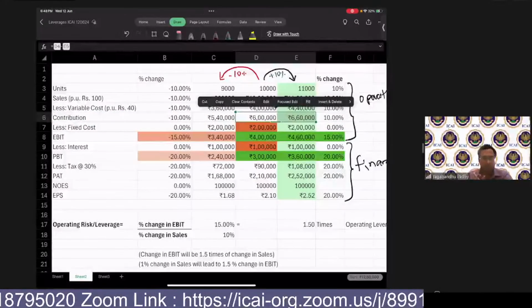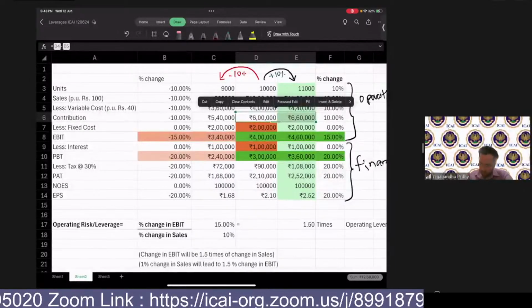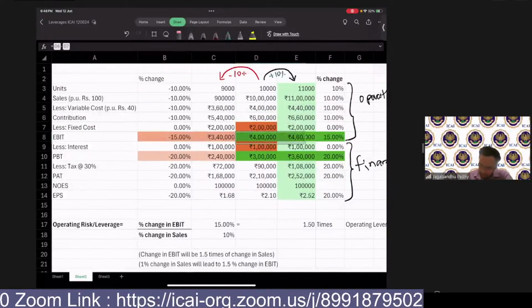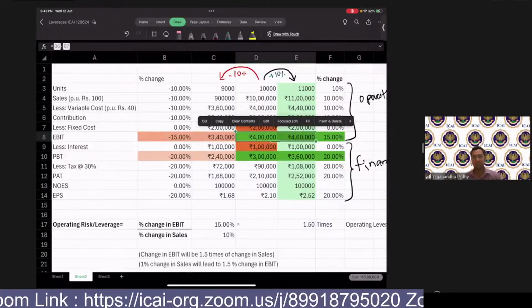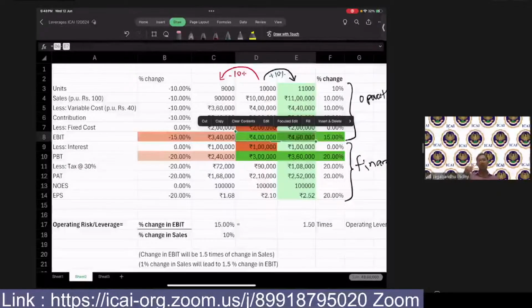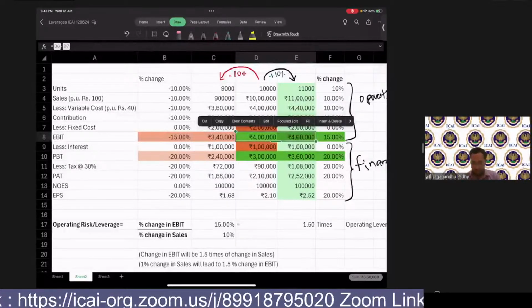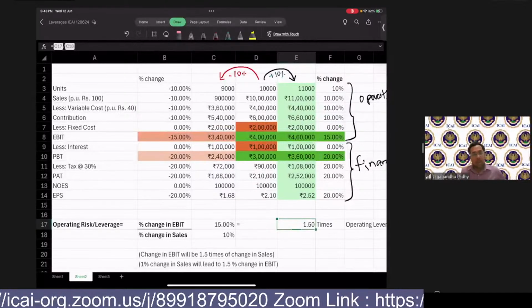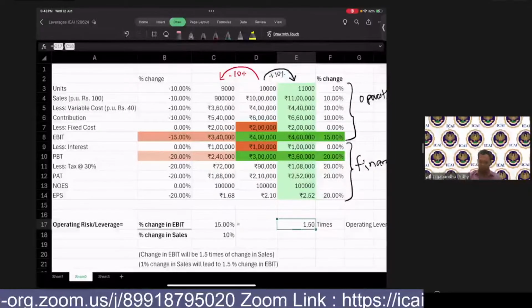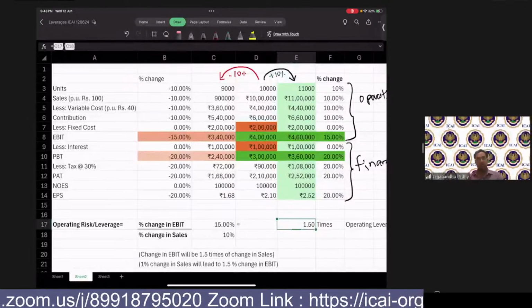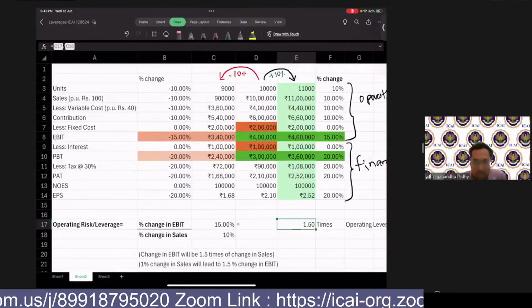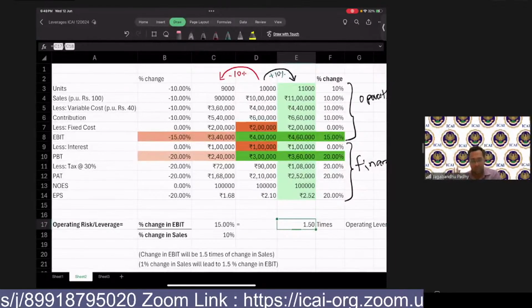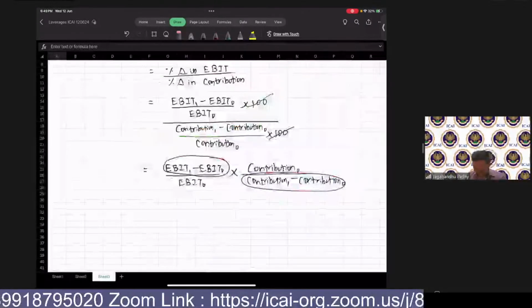What was the amount of change? That was 60,000, right? And what's the amount of change in EBIT? It increased from 4 lakh to 4 lakh 60,000. Amount wise, it's the same figure.